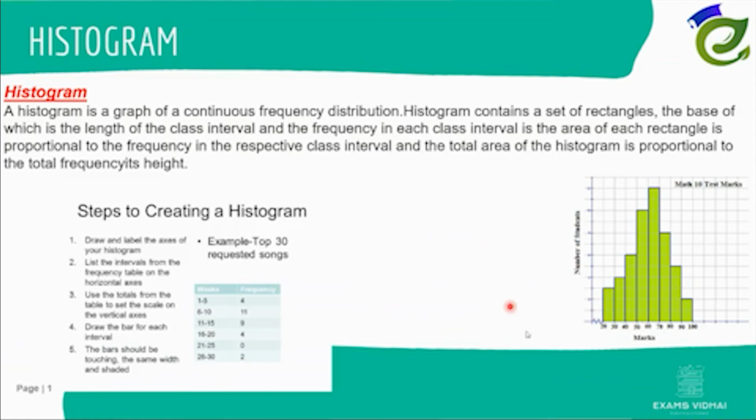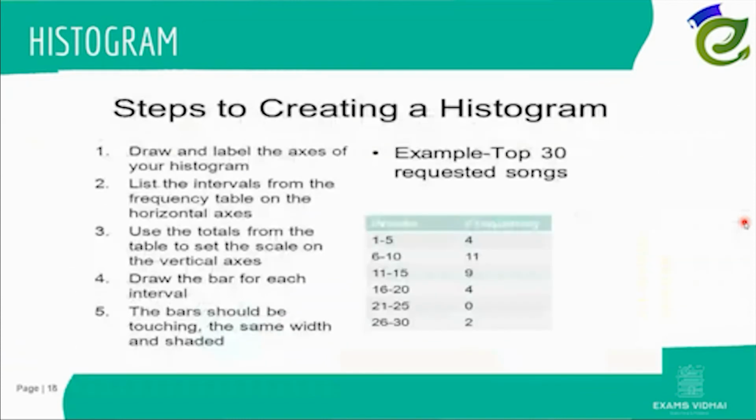So this is the graphical representation of a histogram. The steps of creating a histogram are: first you draw the two axes, then you list the intervals from the frequency table on the horizontal axis.